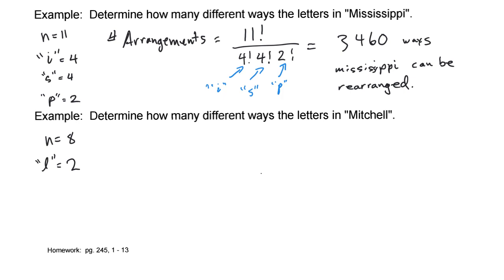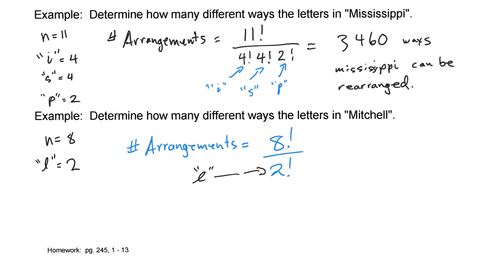Well, here are the arrangements. The number of arrangements is equal to 8 factorial divided by 2 factorial, and indicate what you're dividing out. In this case, we are dividing out the L's.